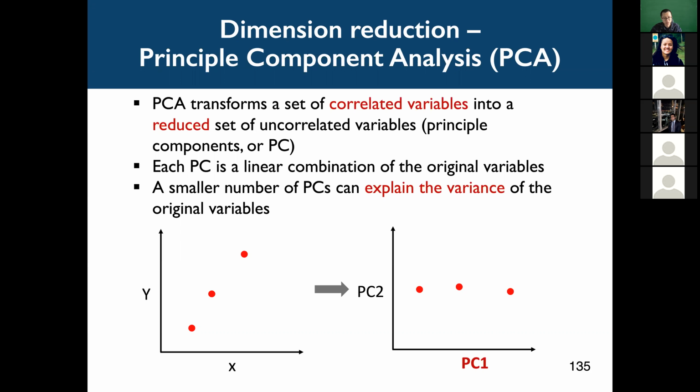So this is how we can apply principal component analysis to reduce the dimensionality of the data. You don't need to understand the detailed mathematics here. You just need to know that principal component analysis is a way to reduce the dimensionality of the data.